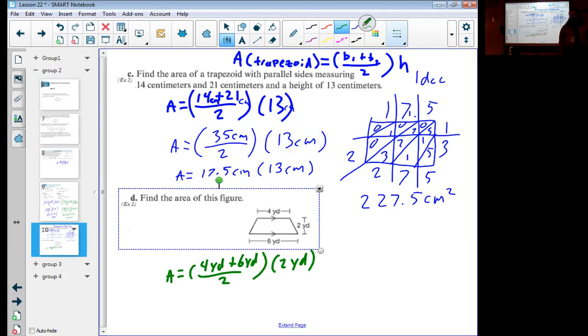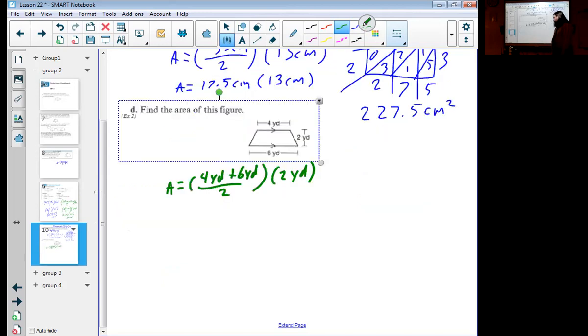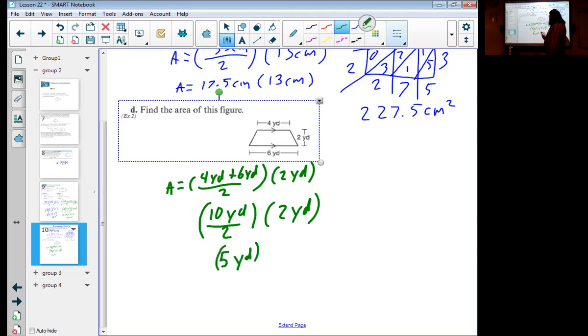Now we go inside the grouping symbol first, so we have 10 yards over 2 times 2 yards. 10 yards divided by 2 is 5 yards, times 2 yards. That is a total of 10 square yards.